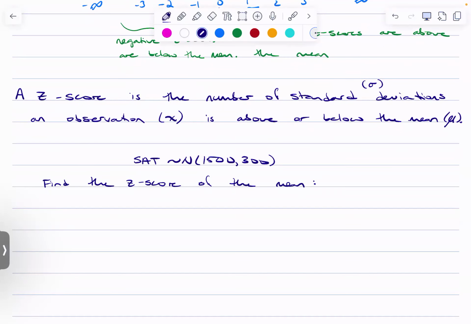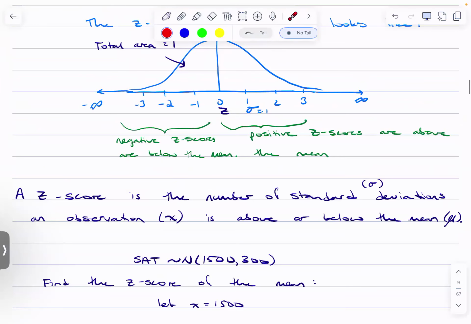So now the mean is 1500. So what that means is I'm going to let x be 1500. How far is 1500 from 1500? 0 standard deviations. And so that's why z is always centered on 0. And because of our calculations, it will always have a standard deviation of 1.